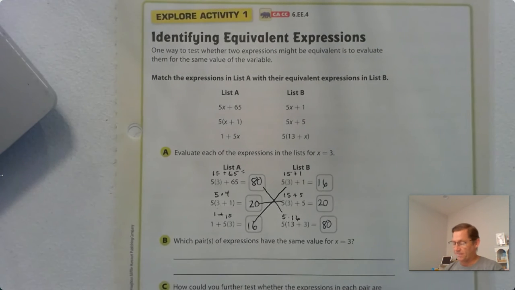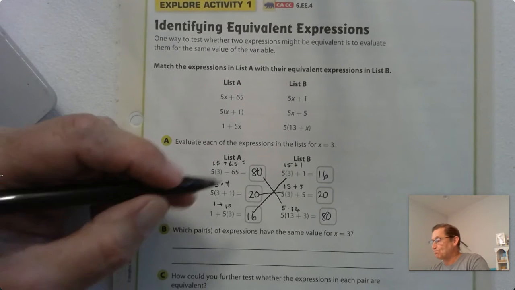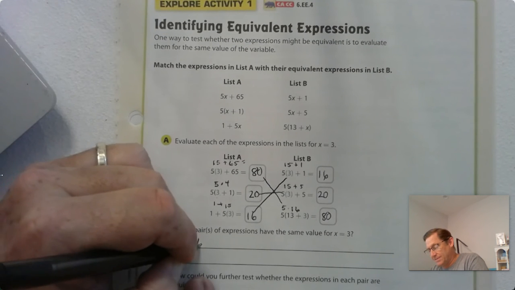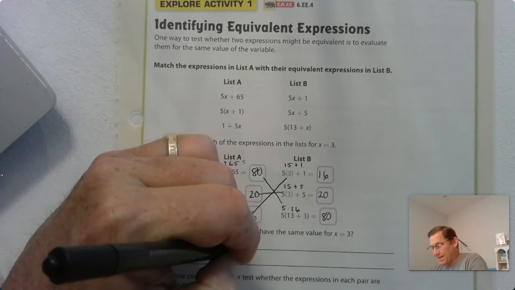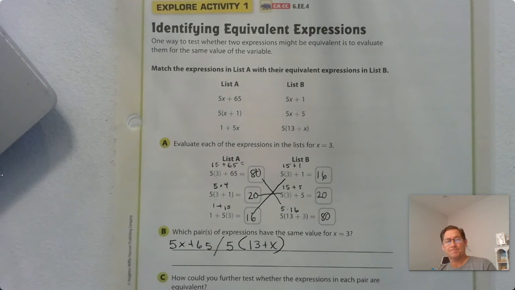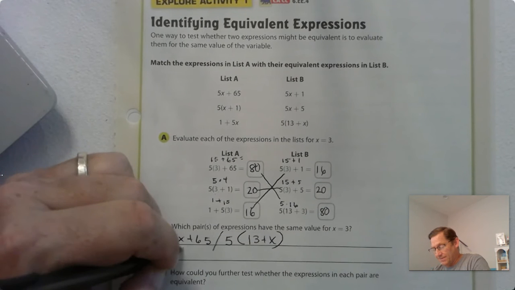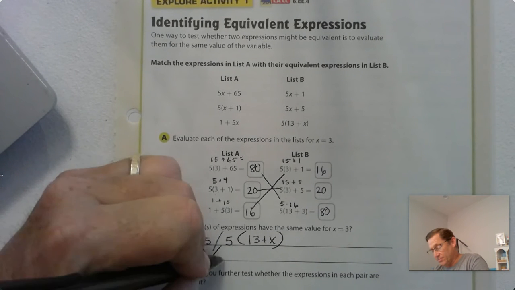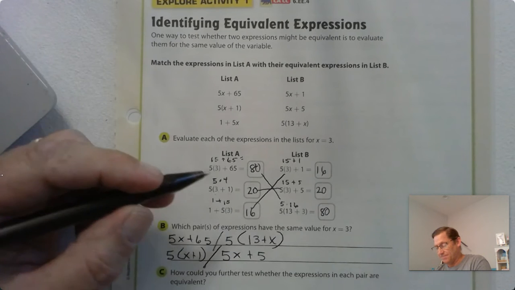Okay, so which pairs of expressions have the same value for x equals 3? 5x plus 65 and 5 times the sum of 13 plus x. We have 5 times the sum of x and 1, which is equivalent to 5 times x plus 5.